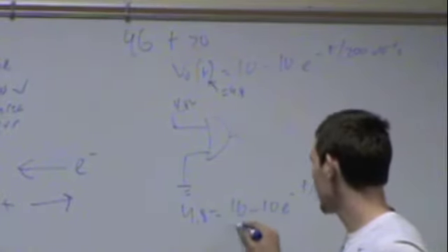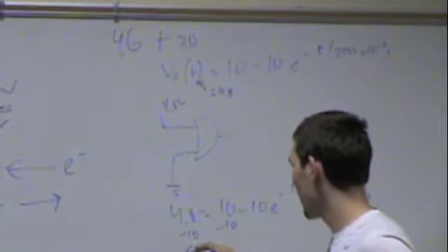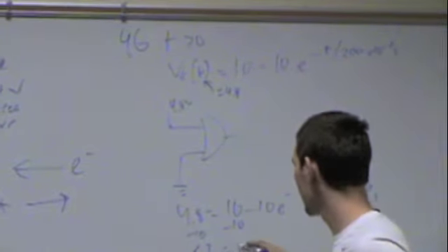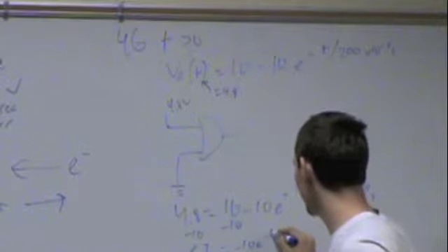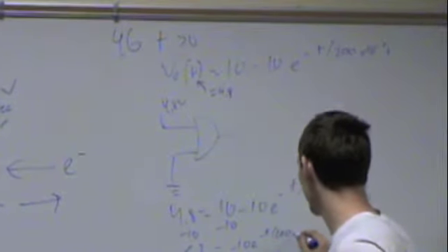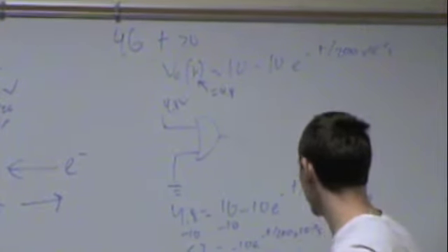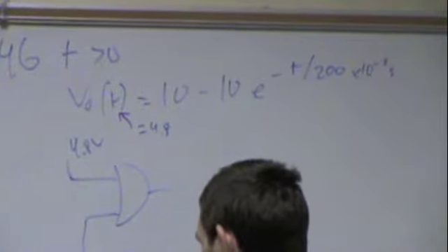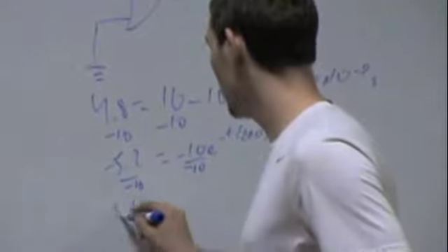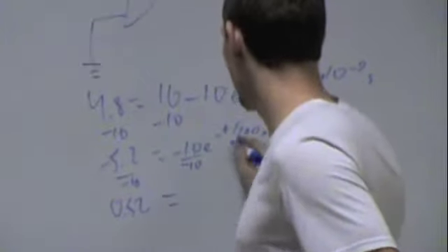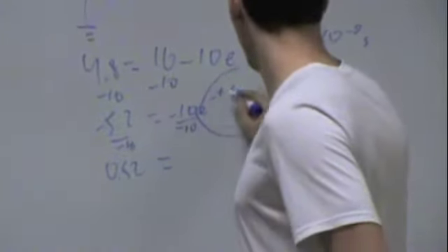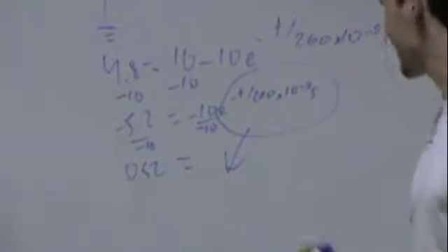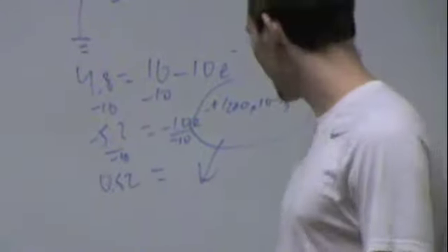We subtract 10 from both sides, and we get negative 5.2 equals negative 10 e to the negative t over 200 times 10 to the negative 9 seconds. Then we divide by negative 10 on both sides, and we get 0.52 equals all this stuff. That is really fast. We should have learned that like 3 years ago.